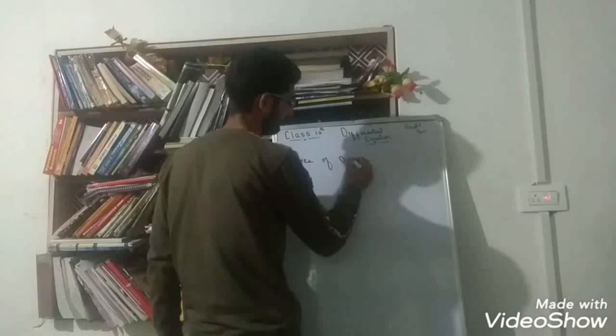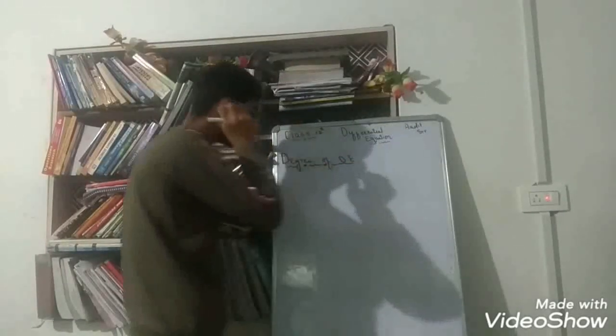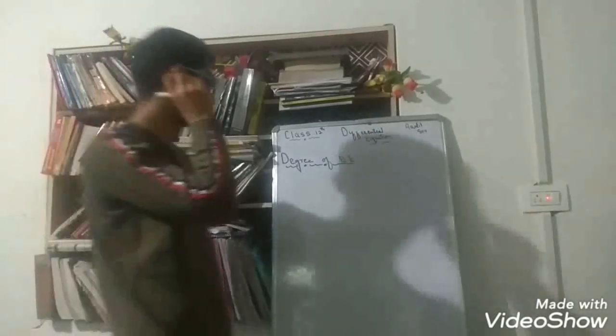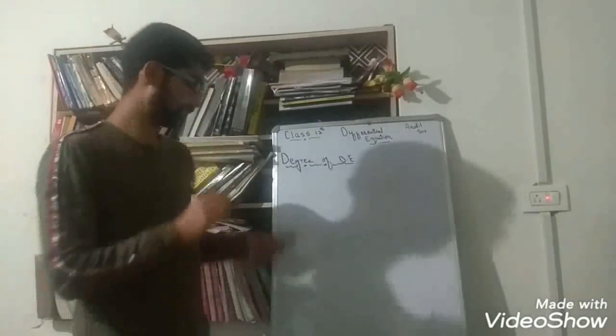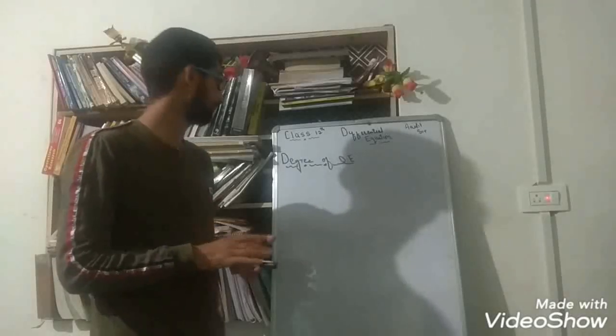Degree of differential equation. Just as I told you, degree of a differential equation is only determined when the differential equation can be expressed as a polynomial in terms of derivatives.